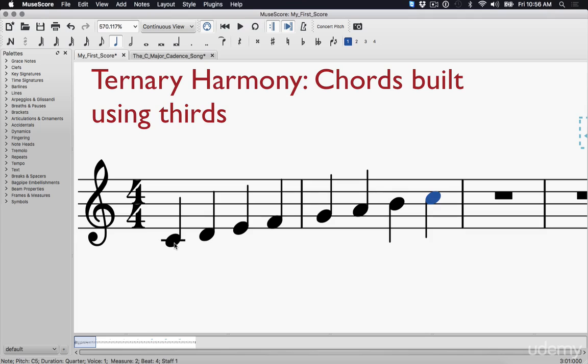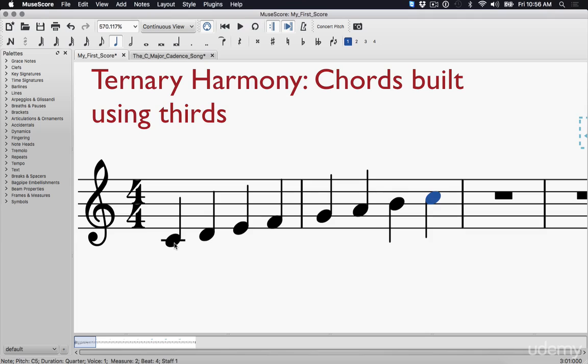And what that means is that our chords are built on thirds. And when I say we build chords, what I'm talking about is all kind of Western music. Any classical music, pop music, anything like that is all based on this ternary harmony idea, which is chords built on thirds.